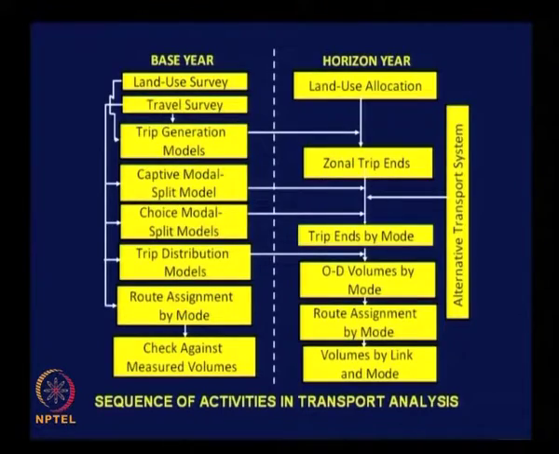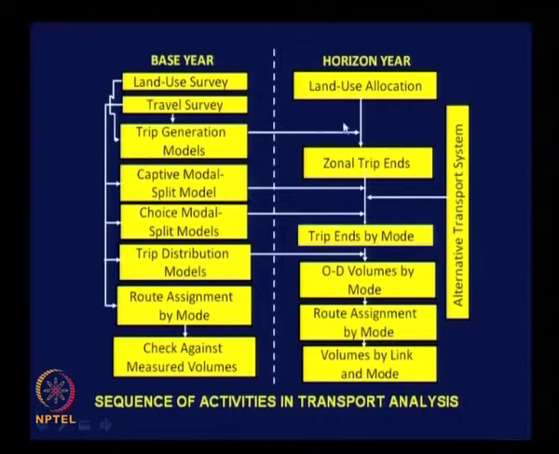There will not be any change in the number of zones between base year and horizon year, right. And you predict the horizon year land use by all possible means, including modeling, namely Lowry's model of land use, to predict the future land use situation. Once you do the prediction, you are very clear about the different activities zone wise for the whole of the urban area within your outer cordon line, right.